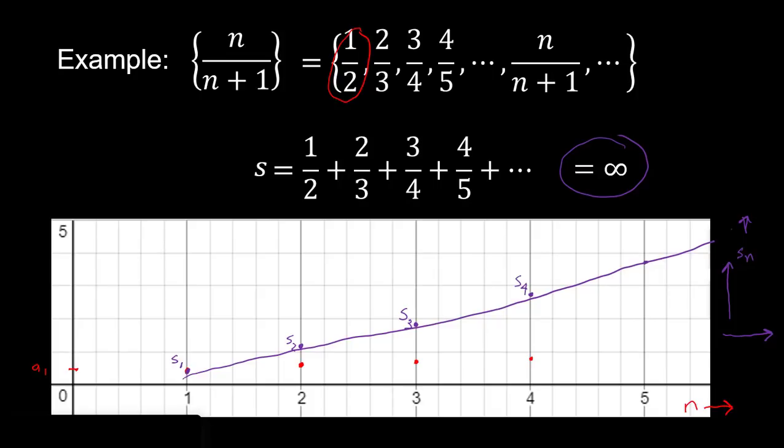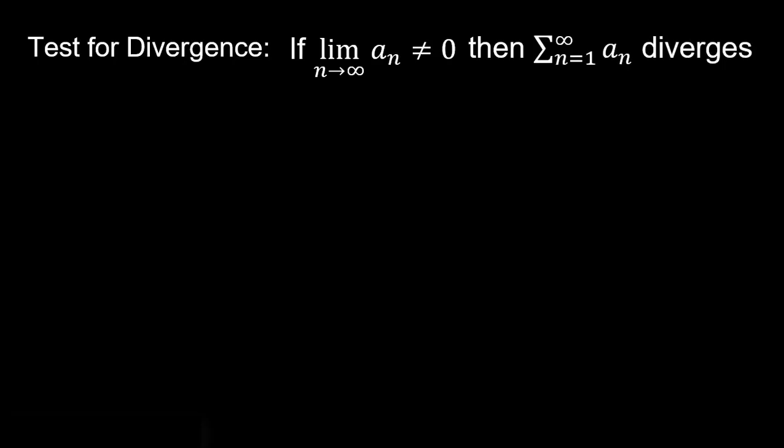And this is the basic intuition of the test for divergence. Our test for divergence formally states that if the limit of a sub n, our sequence, as n approaches infinity is not equal to 0, then the series of a sub n will diverge.